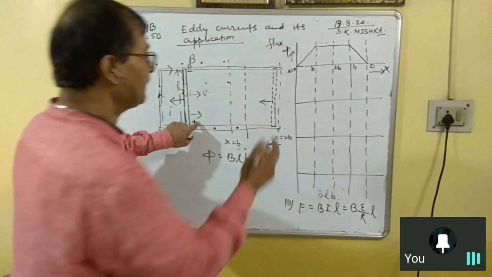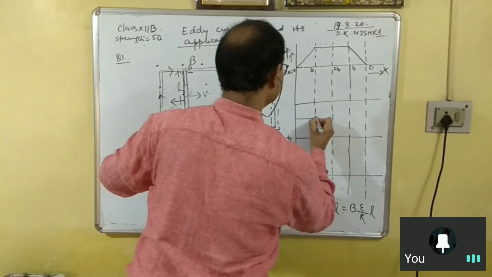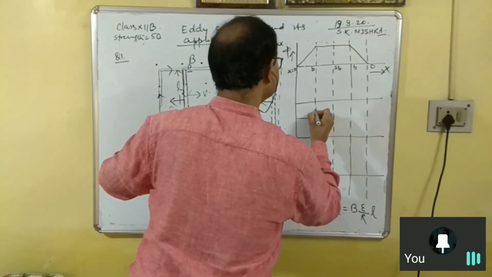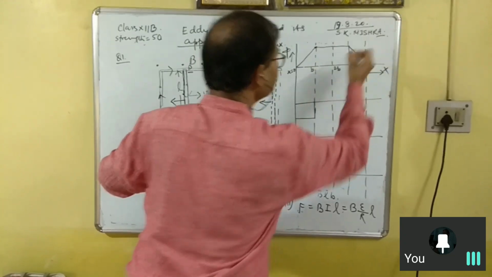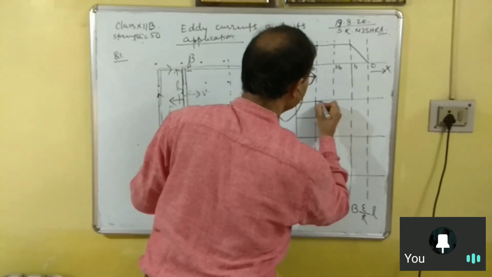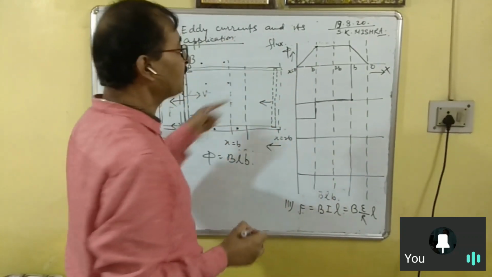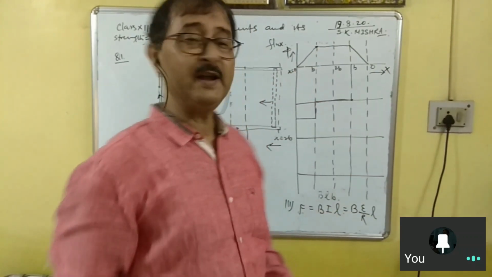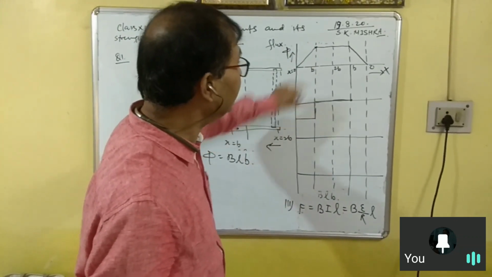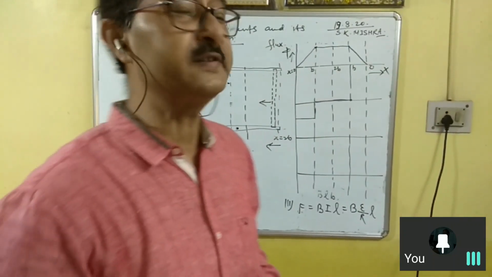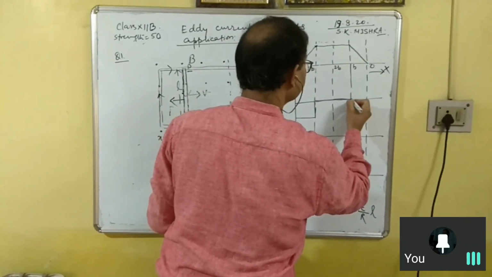Up to this portion, then it will go to 0 because from this position the flux remains constant. Now the flux starts decreasing. If increasing flux induces the EMF in this way, then decreasing flux will induce the EMF in the opposite manner.